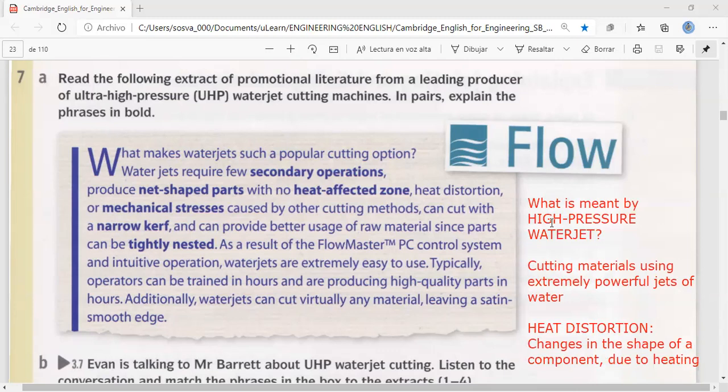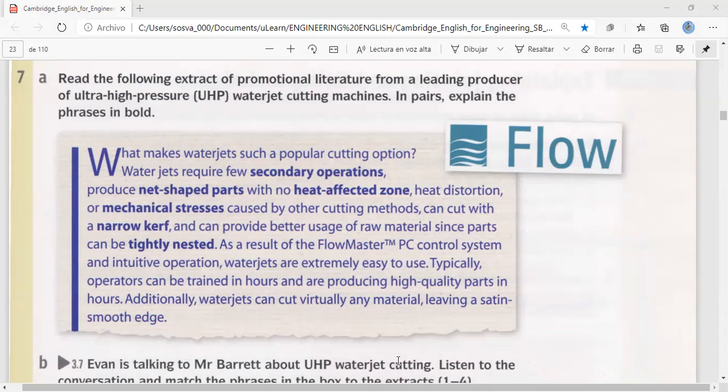Sure. What makes water jets such a popular cutting option? Water jets require few secondary operations, produce net-shaped parts with no heat affected zone, heat distortion, or mechanical stresses caused by other cutting methods, can cut with a narrow curve, and can provide better usage of raw material since parts can be tightly nested.